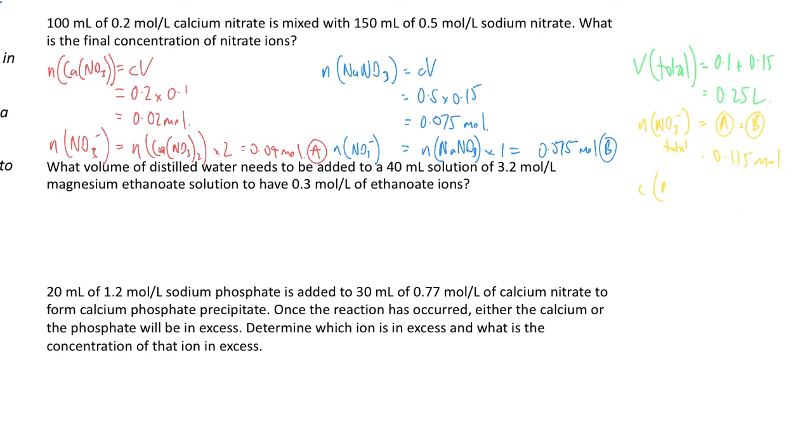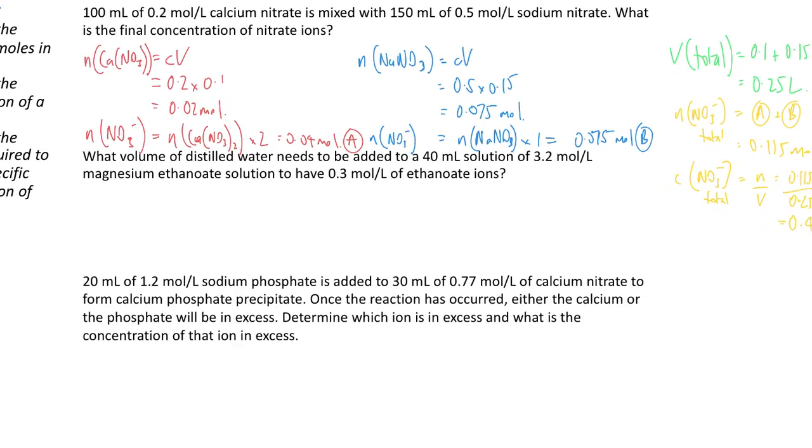And therefore the concentration of NO3- total will be equal to n on V, 0.115 over 0.25, which will be equal to 0.46 mole per liter. Okay, so that's that one there. A couple of different steps, but you had the idea that you can add moles of stuff together. Let's have a look at the next question.